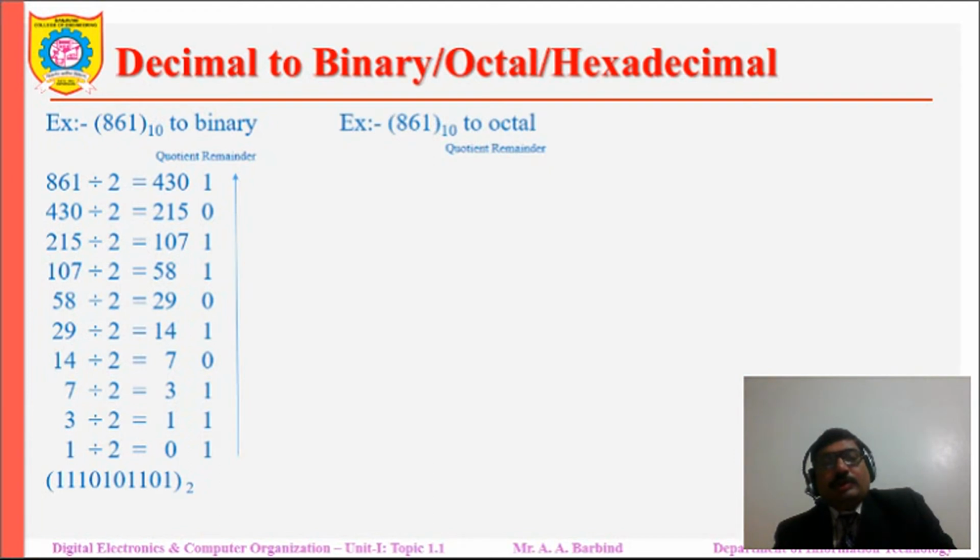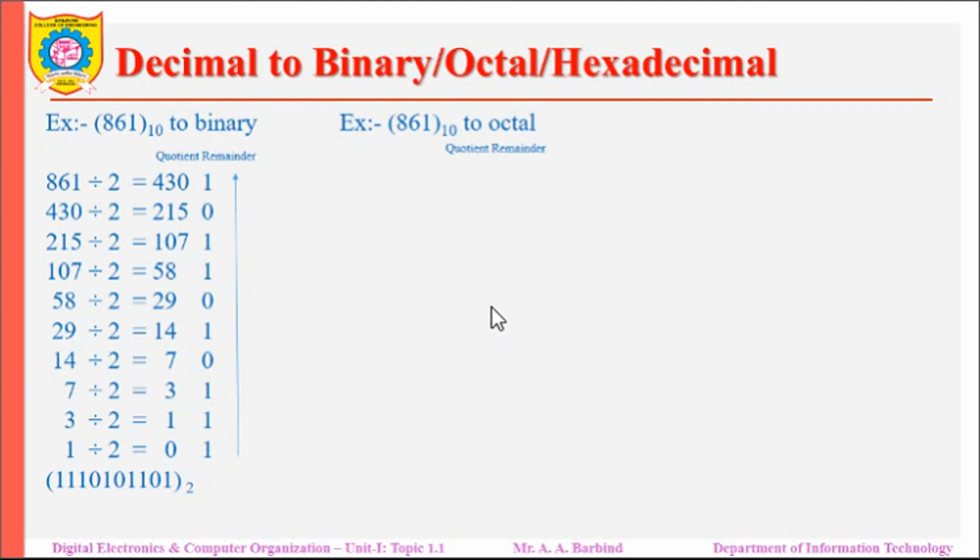Now let us go for conversion of this 861 to octal. For this particular conversion, we divide this decimal number by 8. So quotient is 107 and remainder is 5.